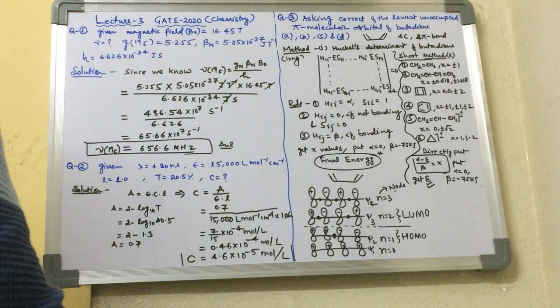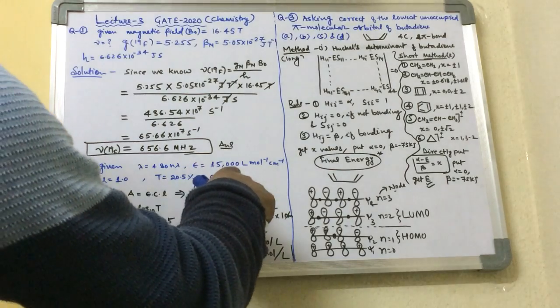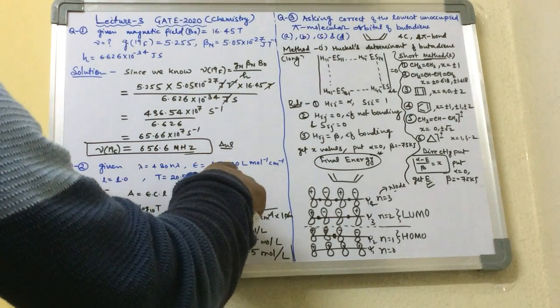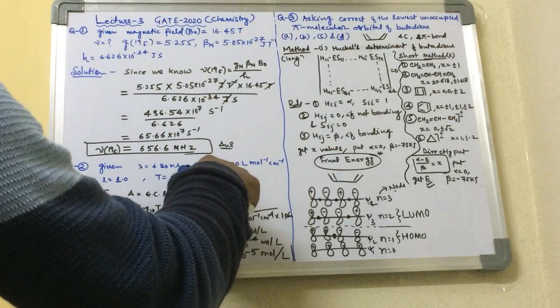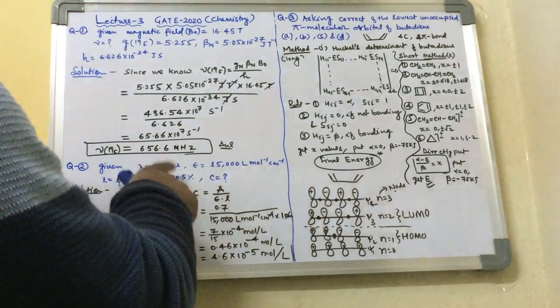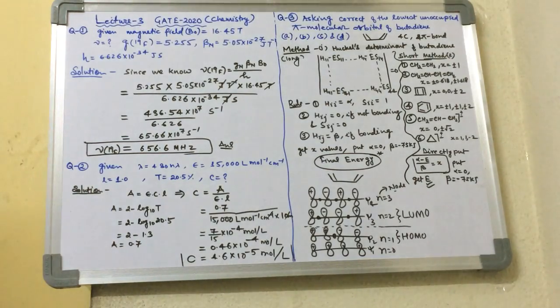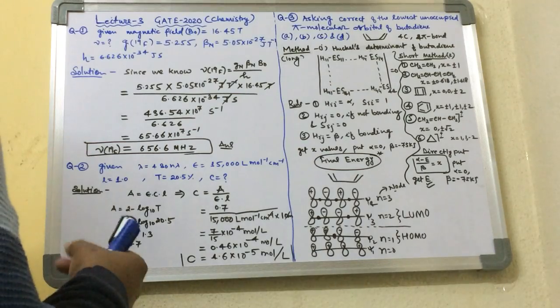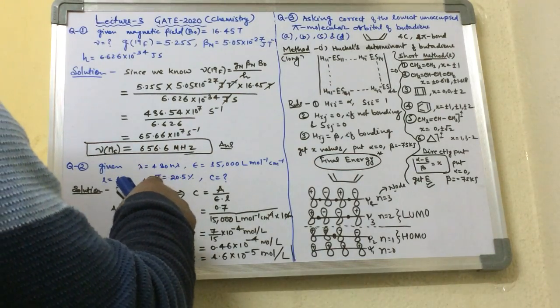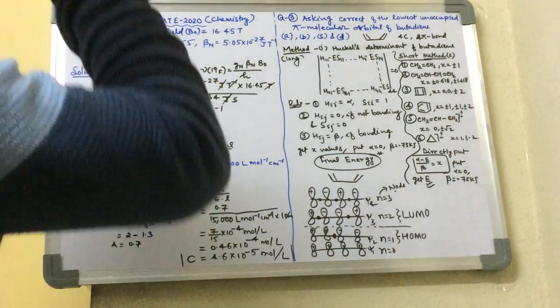I am reading the second question: a solution containing a metal complex absorbs light at 480 nanometer with molar extinction coefficient 15,000 liter mole inverse centimeter inverse. Lambda value is given to us, and L, the path length or cuvette cell length, is 1 centimeter, transmittance is 20.5%. We have to calculate C.